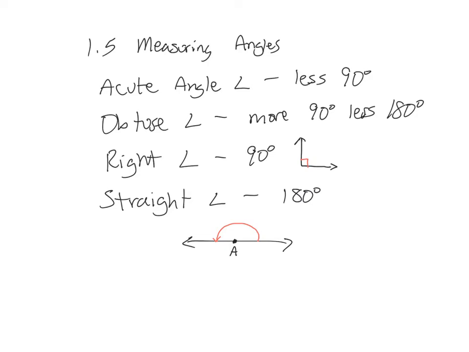Alright. The other thing that we'll get into is naming an angle, or labeling an angle rather. So you could name this angle ABC. You could name this angle CBA.